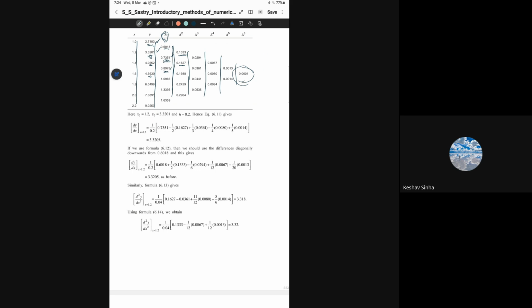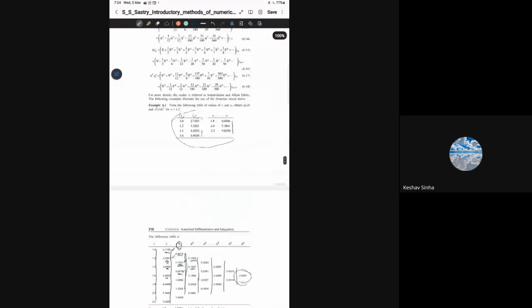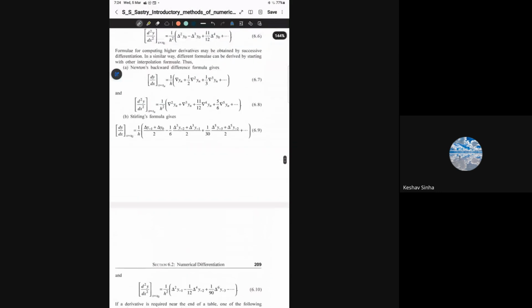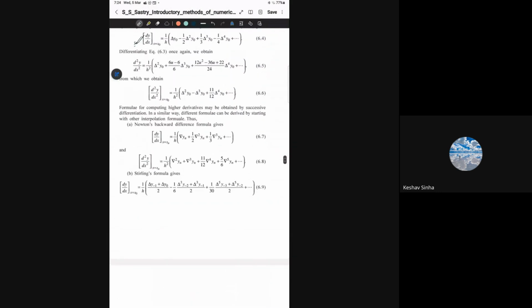A similar formula is also there for Newton's backward difference. This formula is for backward difference, dy by dx at x equal to xn.